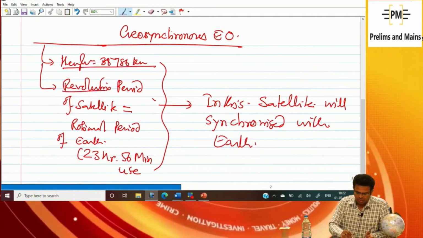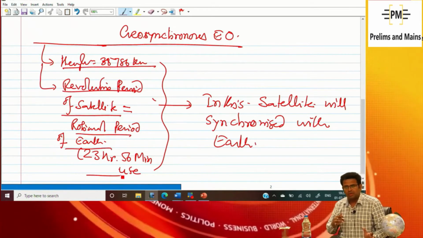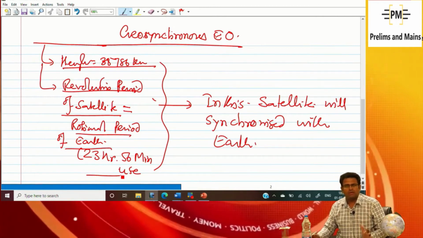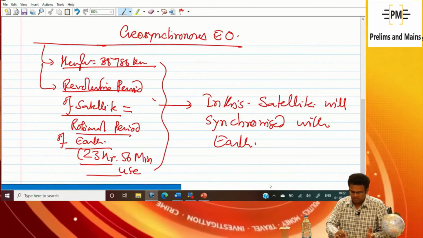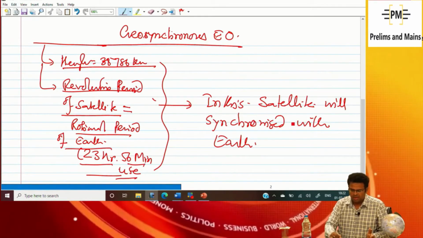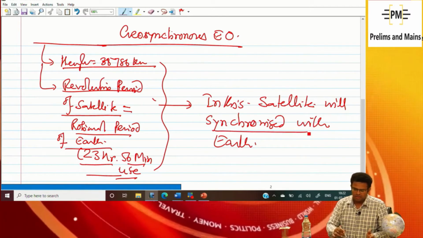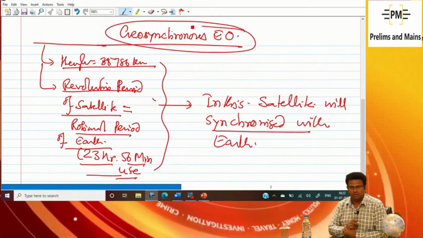Geosynchronous satellite. The revolution period of this satellite is equal to the rotational period of the earth, that is 23 hour 56 minute 4 second. This satellite will be synchronized with the earth. Therefore this is known as geosynchronous earth orbit.